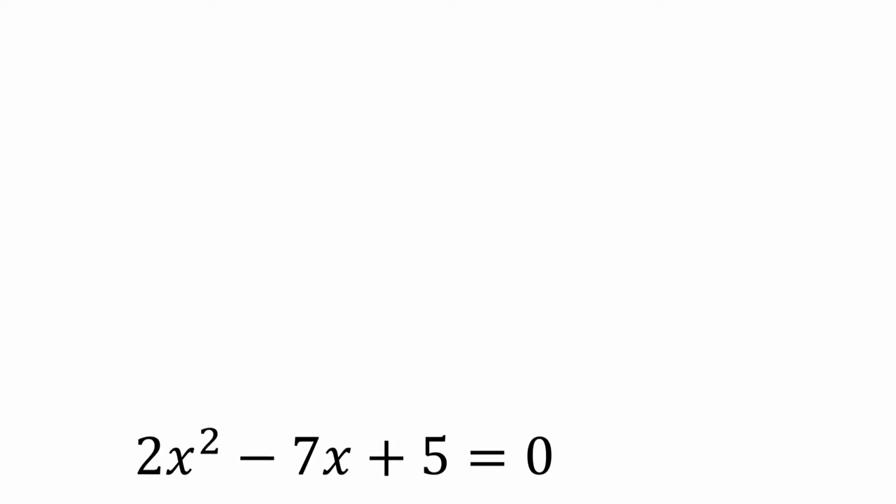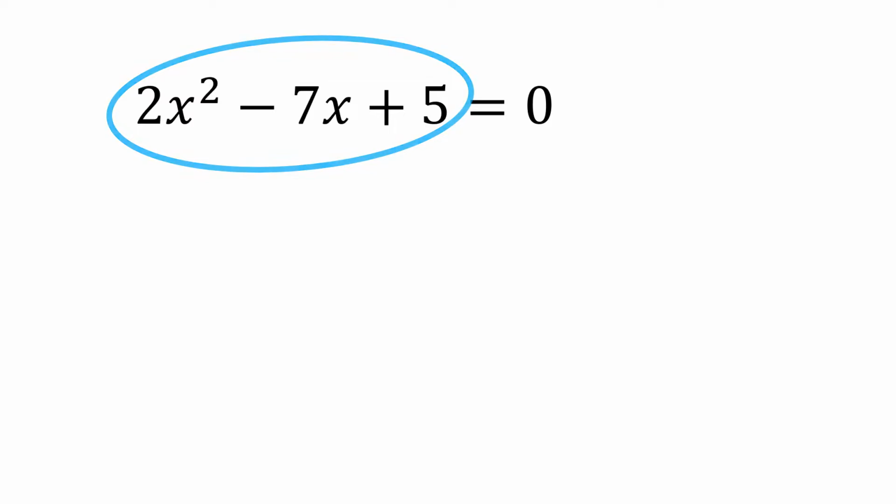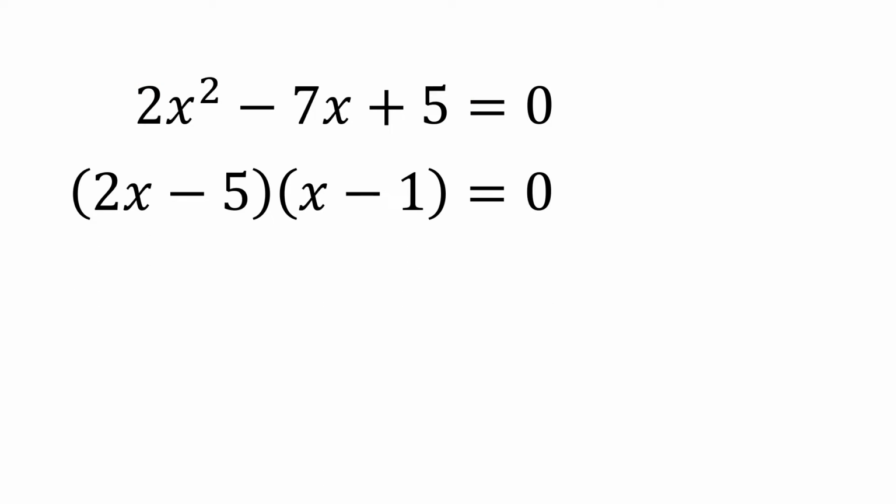Now let's say we have 2x squared minus 7x plus 5 equals 0. Notice that we can factor this trinomial and write this as 2x minus 5 times x minus 1 equals 0. Now if you do not know how to factor this trinomial, you can watch this video.